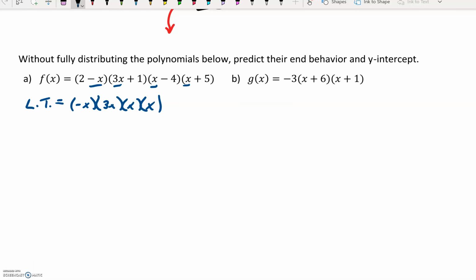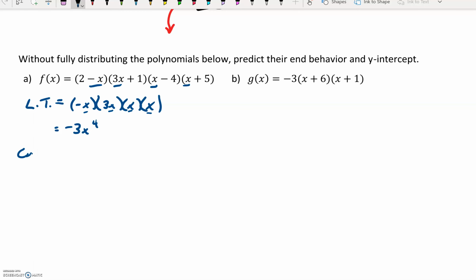I need to multiply this out. Negative 1 times 3 is going to be negative 3, and then count up your factors of x. I have 1, 2, 3, 4 factors of x, so it's going to be negative 3x to the fourth for my leading term.